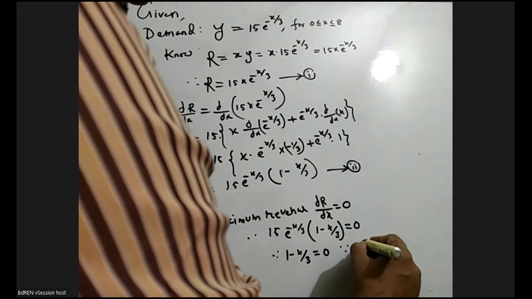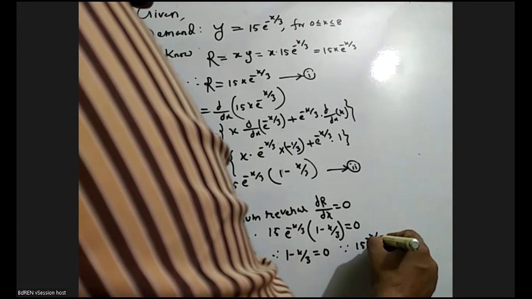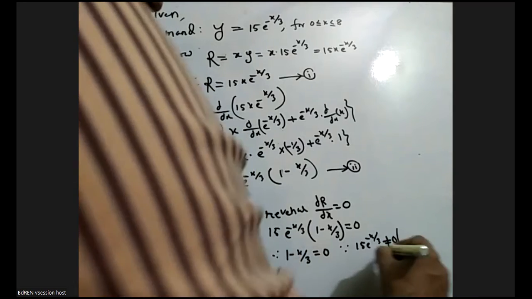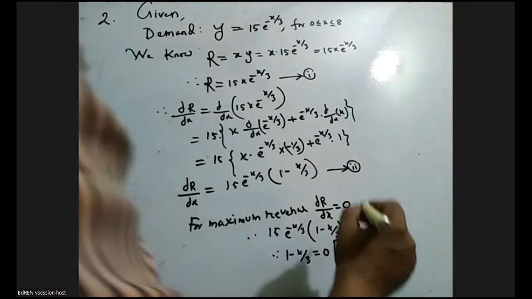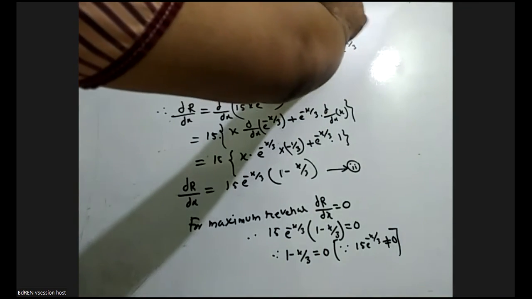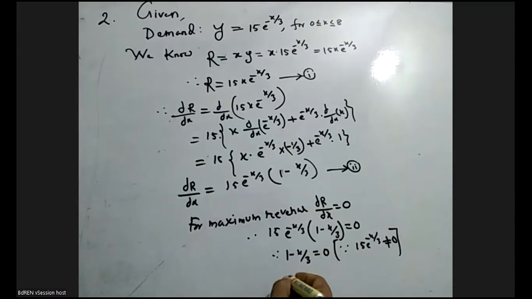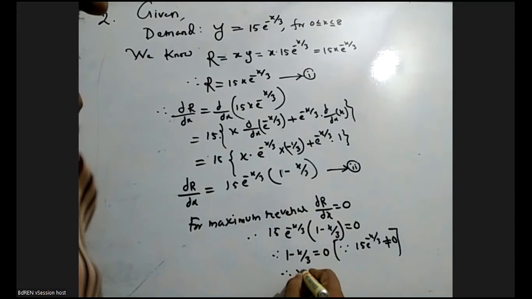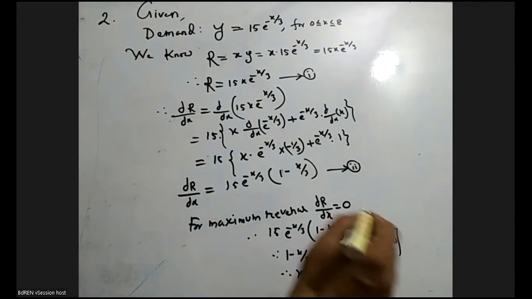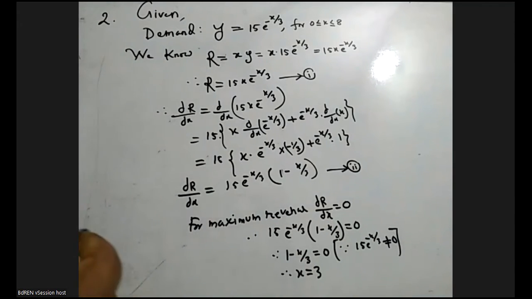Since 15 into e to the power minus x by 3 can never be 0 in the interval 0 to 8, we get x equals only 3.